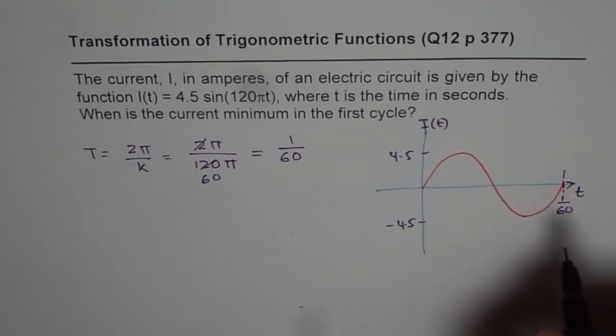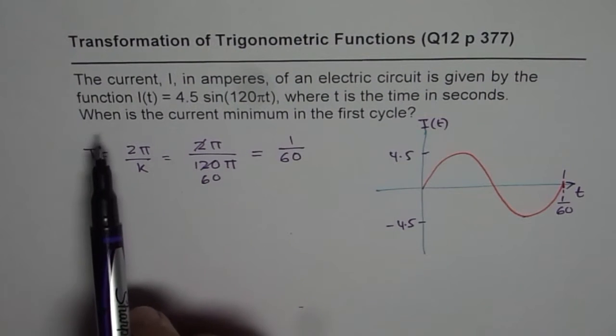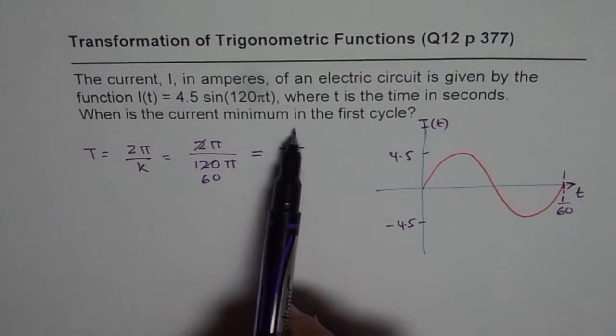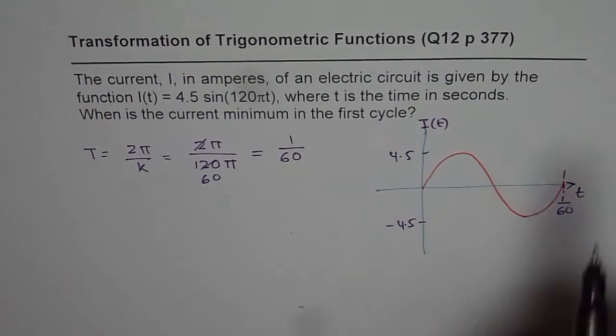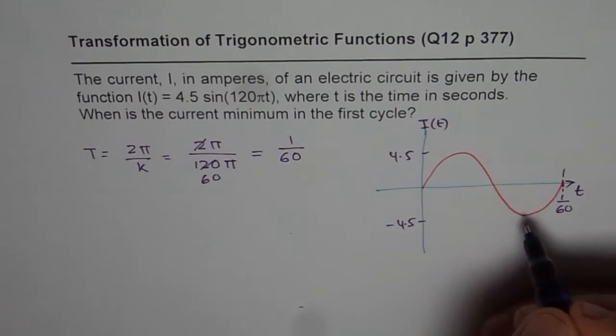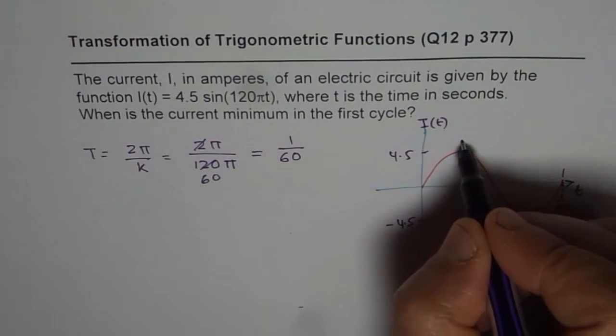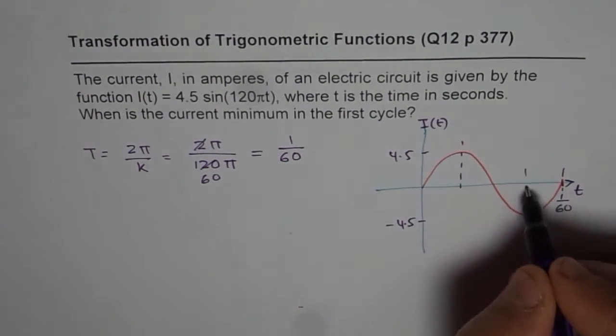Now the question here is, when is the current minimum in the first cycle? Let us understand our sine wave. Now when does it have a maximum? When does it have a minimum?